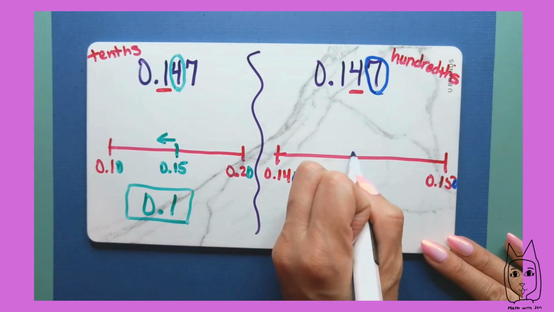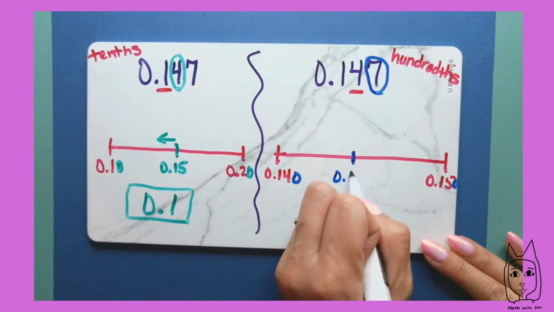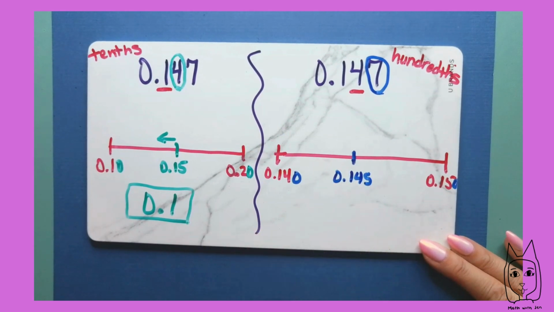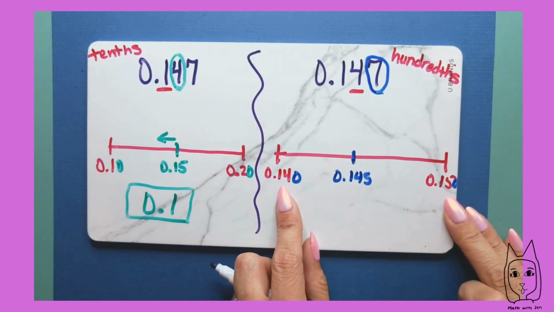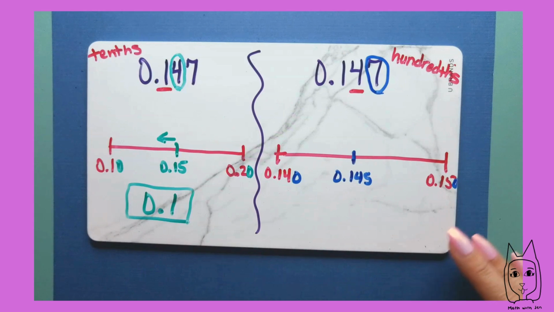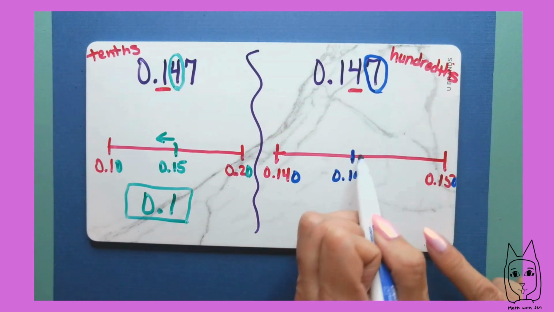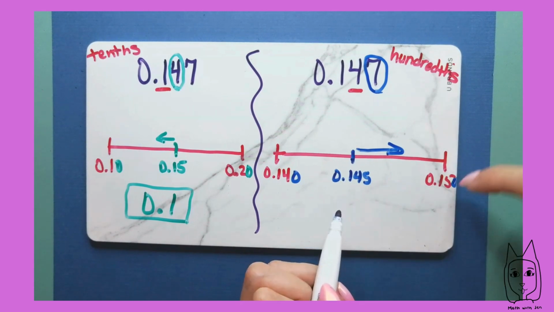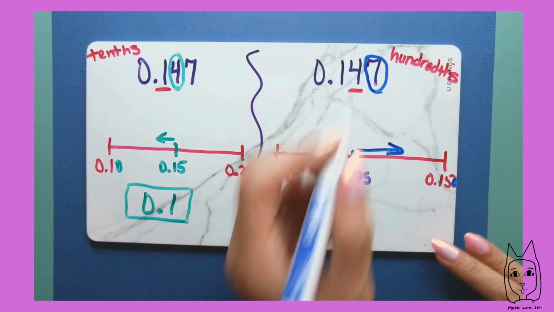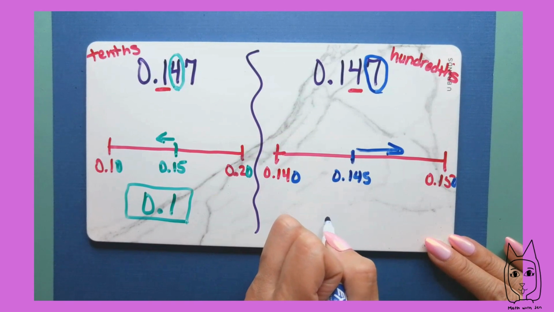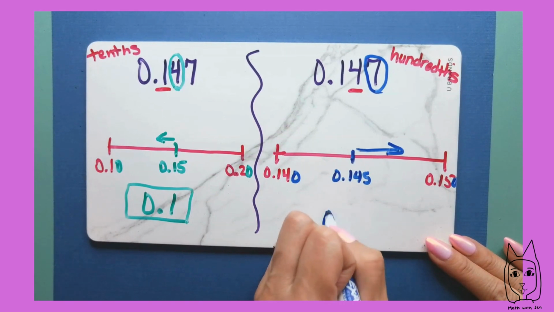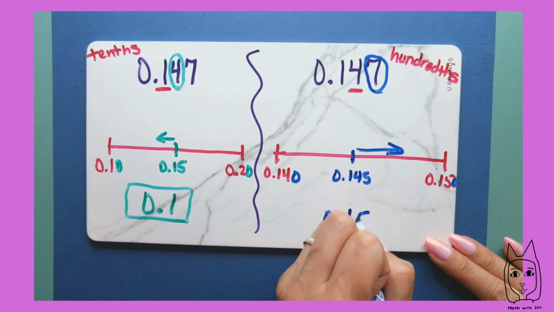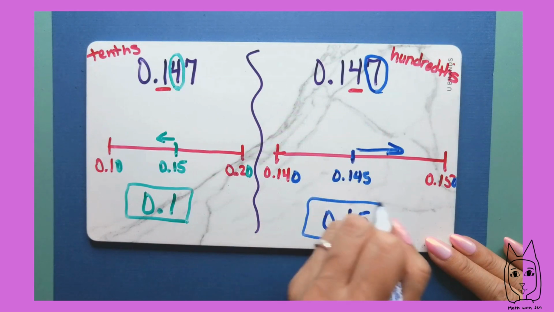The halfway mark on the number line would be 145 thousandths. That 147 thousandths is to the right of my halfway mark, which lets me know I'm going to round it up. So this value, 147 thousandths, when rounded to the hundredths place, is going to be 15 hundredths.